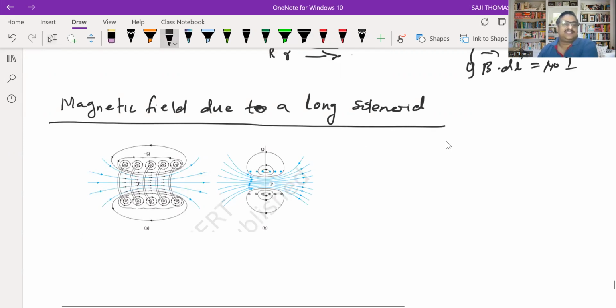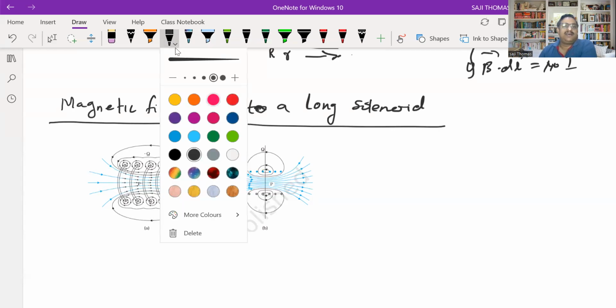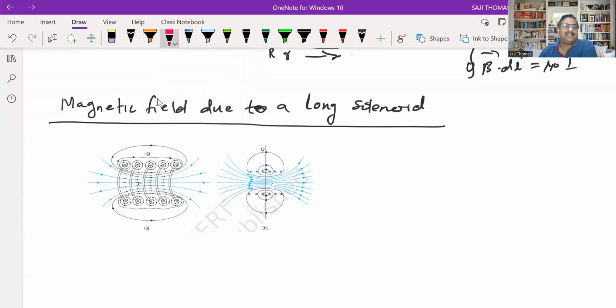See the turns, circular each turn. I am marking the current through each turn. See the left turn, current is downward like this. This is the direction of current through each turn.